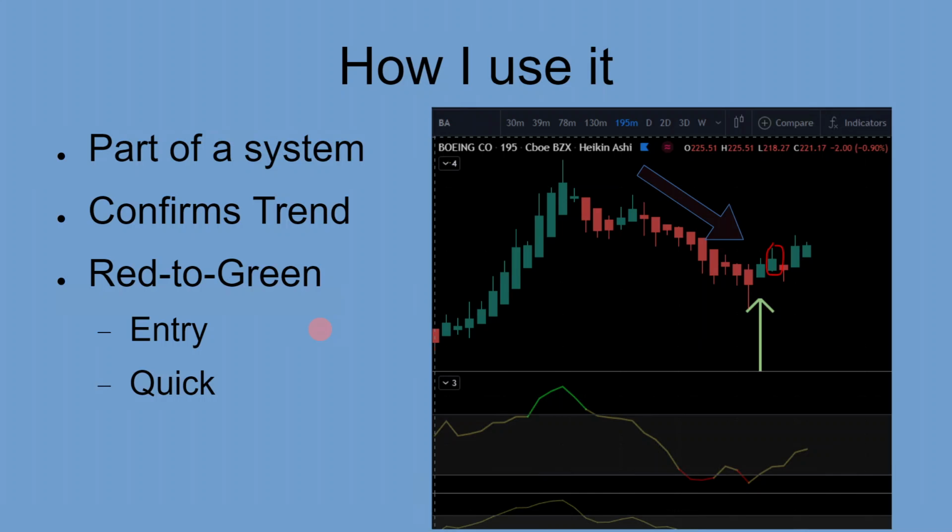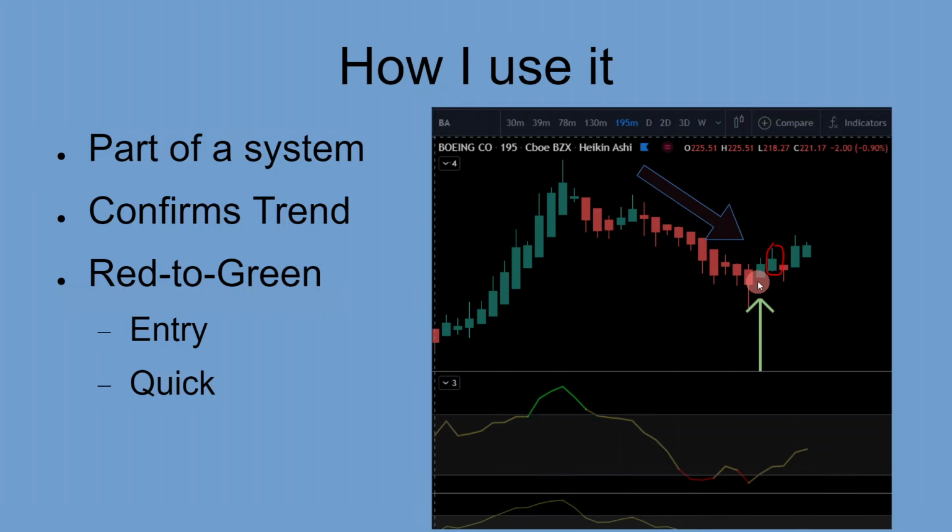So how I use it, again, as I showed earlier, I have an indicator telling me when I should be looking for trades, and I really look for a green candle after this trend. So Heiken Ashi giving us the red trend here, as indicated by this big blue outlined arrow. Most of the way through that downtrend, we see an oversold condition where now we are going to look for a trend change.